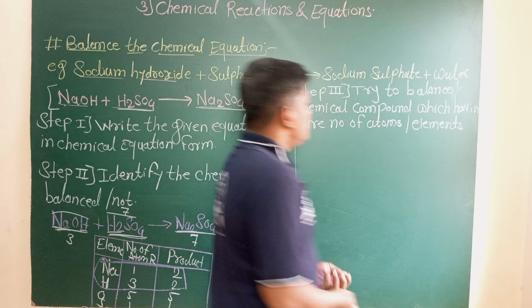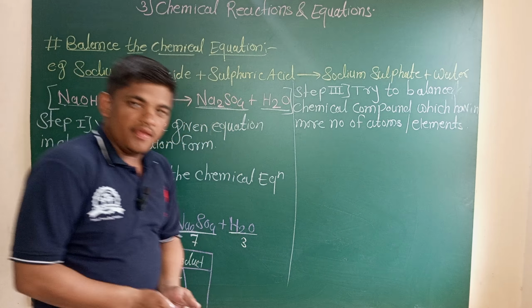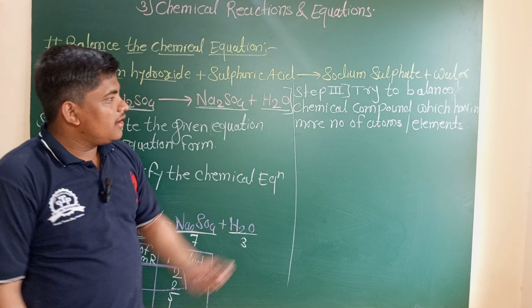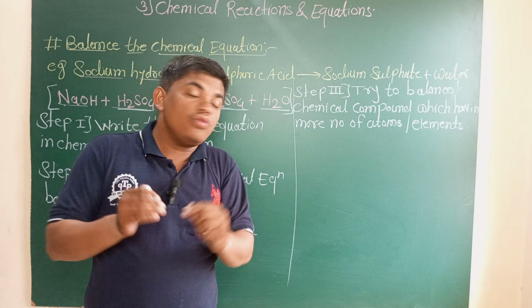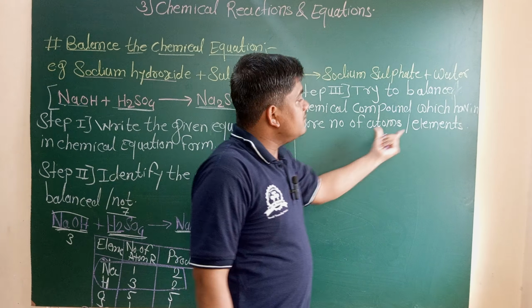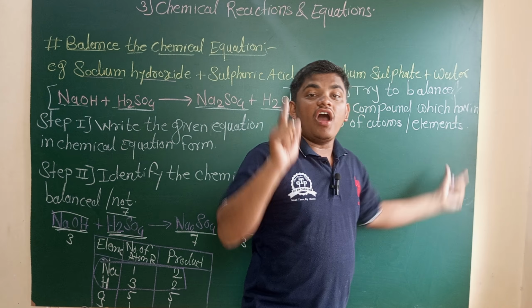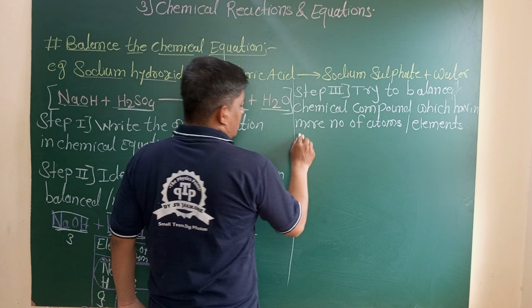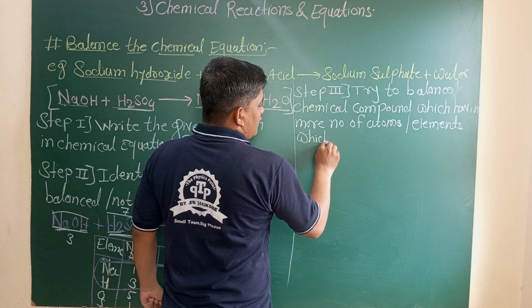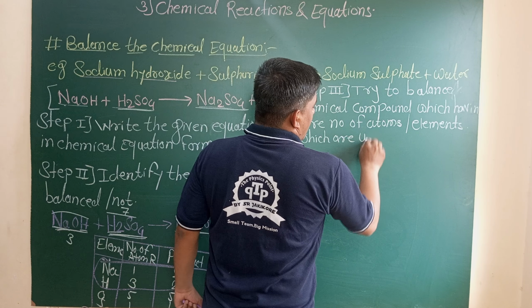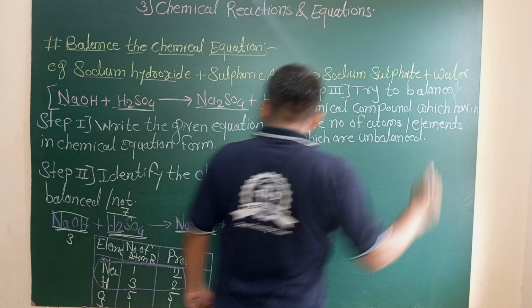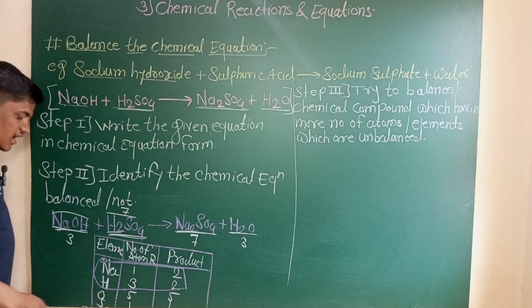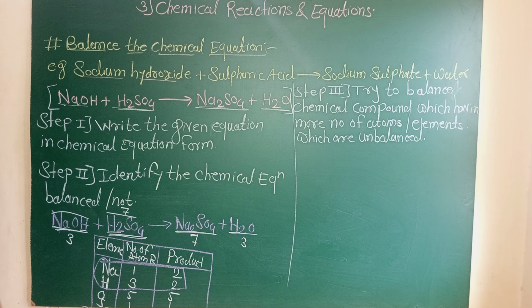But this is not the correct method. Try to balance the compound which has the unbalanced elements. First of all, two elements are unbalanced: sodium and hydrogen.